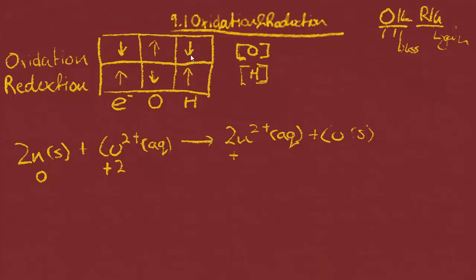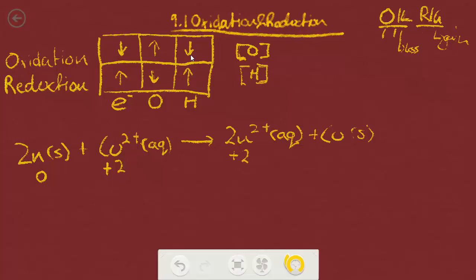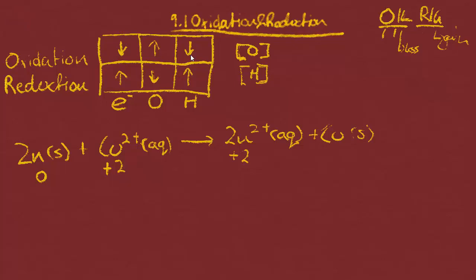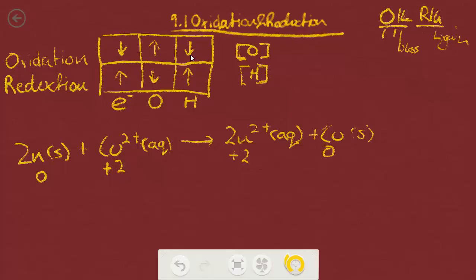So zinc has a charge of +2, and copper now as a single element has a charge of 0. So using this information, we can create something called half equations, which we can use to determine which side is oxidized and which side is reduced.